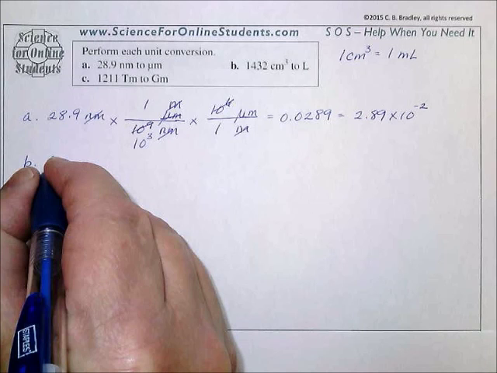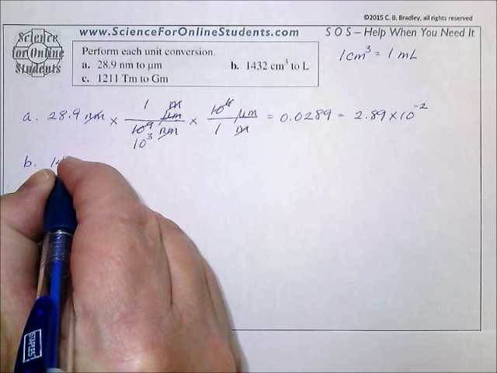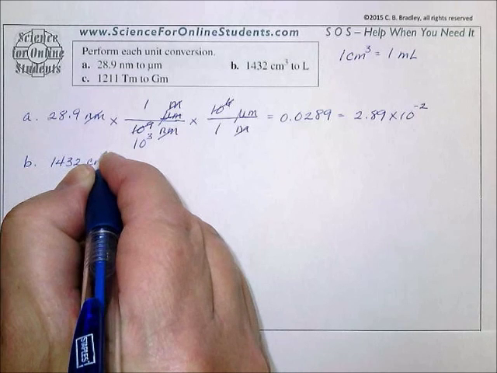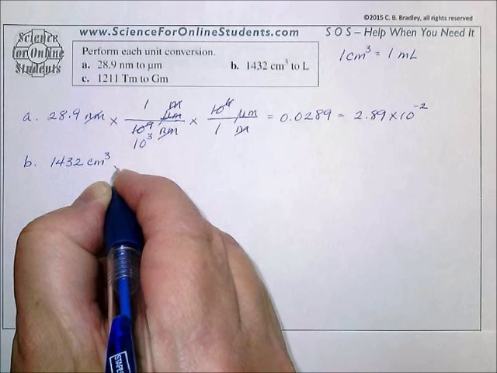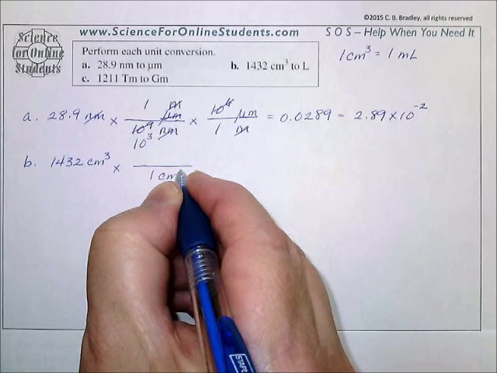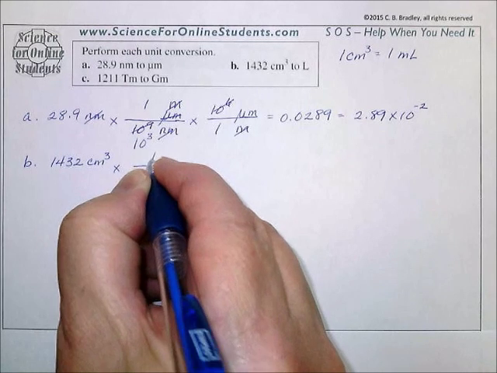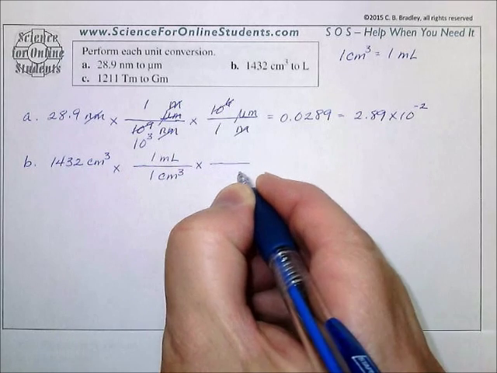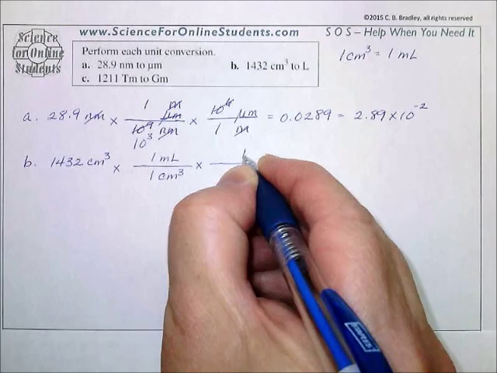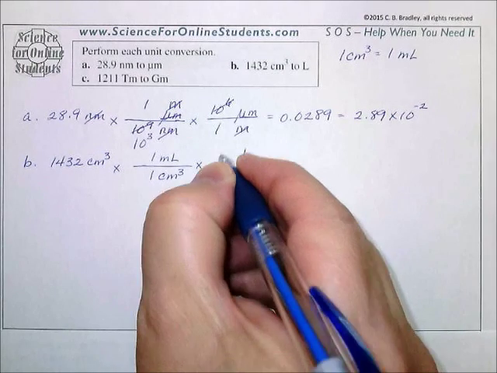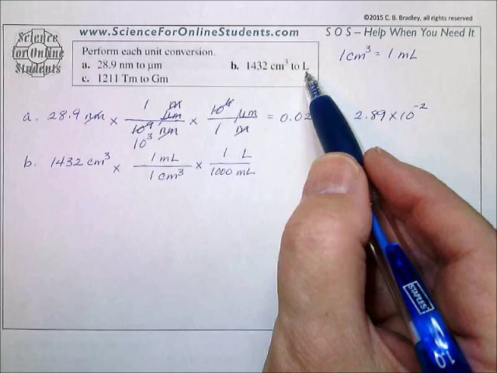Now, 1432 centimeters cubed, and we'll do all the steps. 1 cubic centimeter is 1 milliliter. Milliliters to liters, 1,000 milliliters is 1 liter, and that's what we're wanting. The answer is in liters.